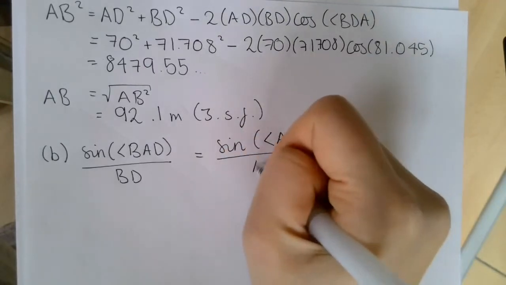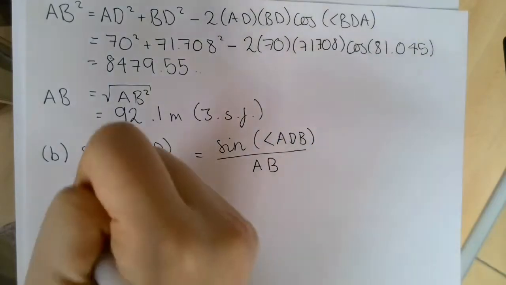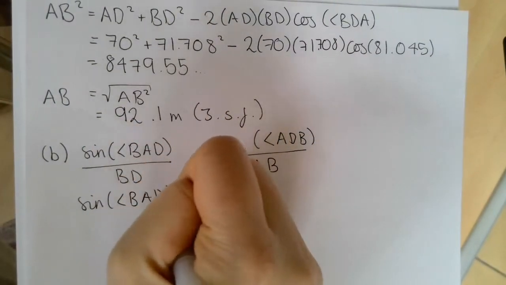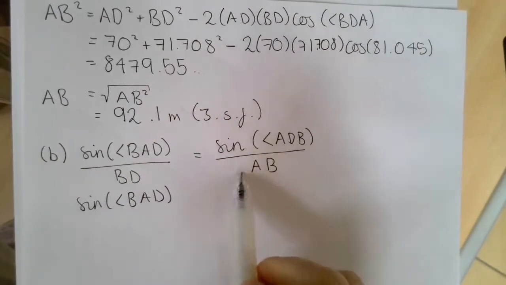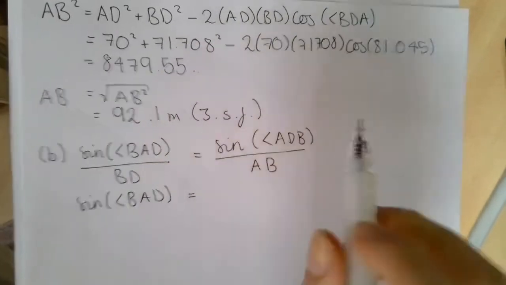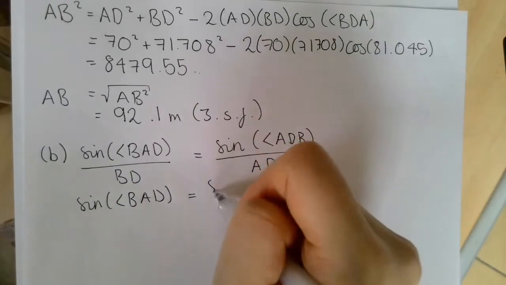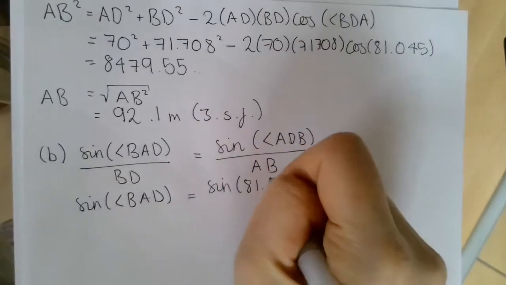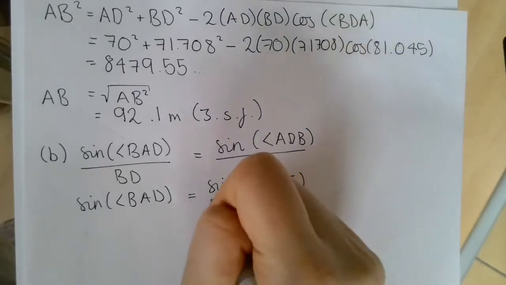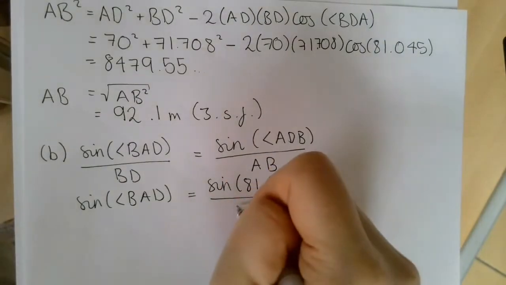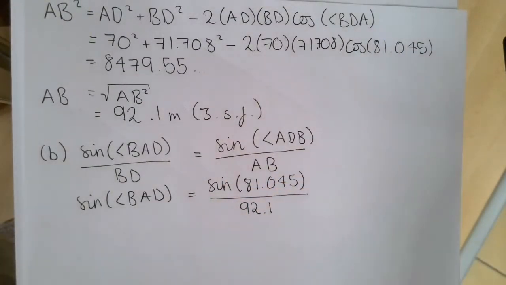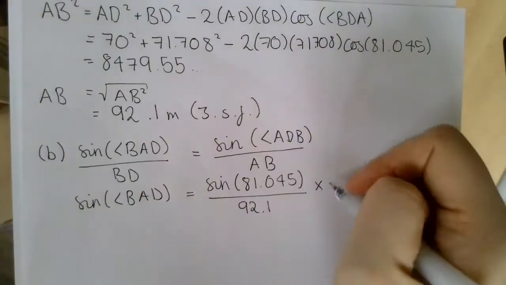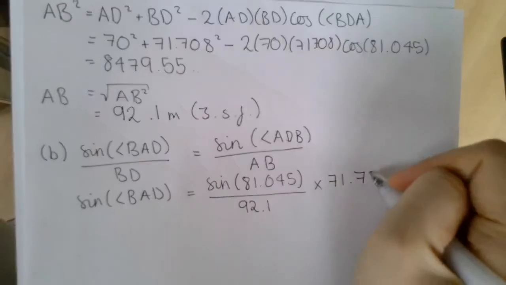over the length AB. So to find out sine of angle BAD, we're going to multiply this side by BD. So sine of angle ADB, which is 81.045, over AB, that is 92.1, and we're multiplying it by BD, which is 71.708.